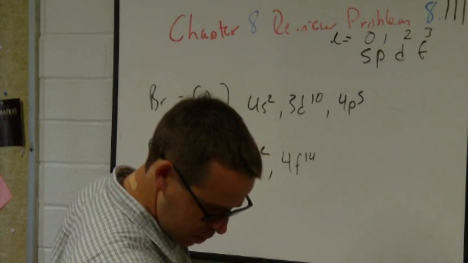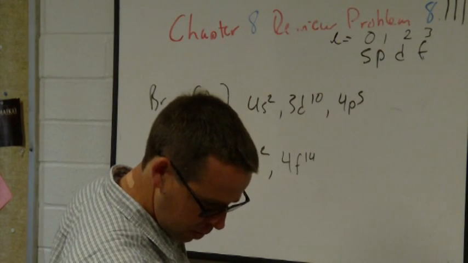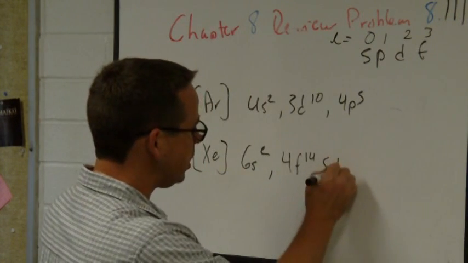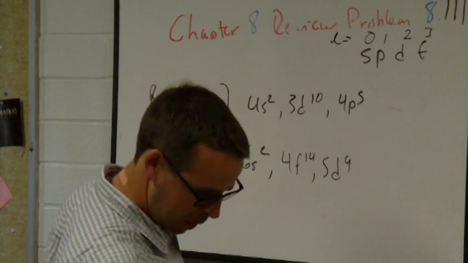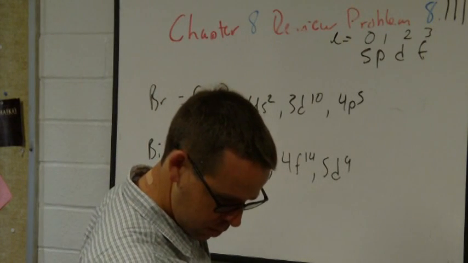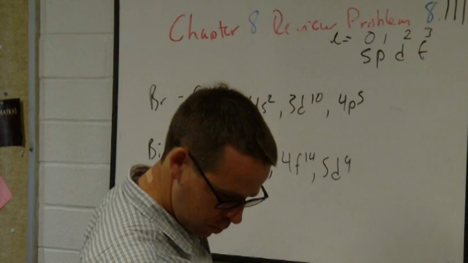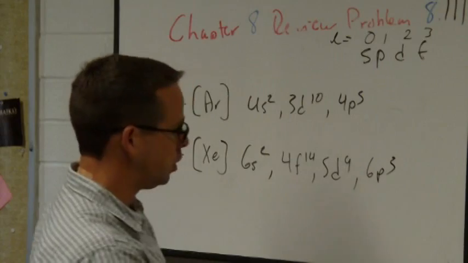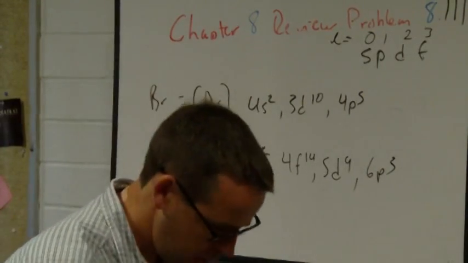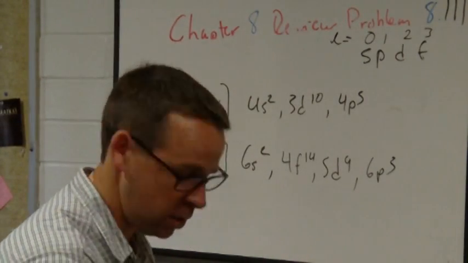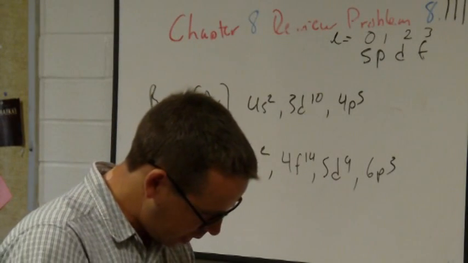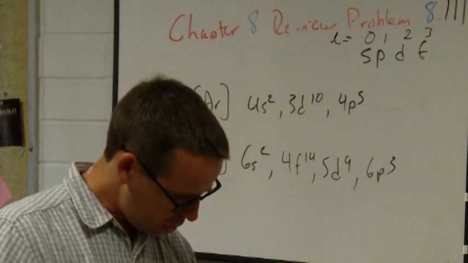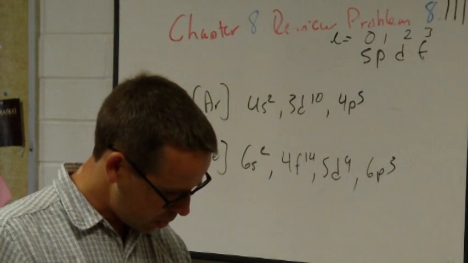Then hafnium to mercury is 5d, and then we go 6p3, and that is bismuth. The thing you have to remember is that at the lanthanides, you actually go down to the inner transition metals, and you can't forget to count those inner transition metals.